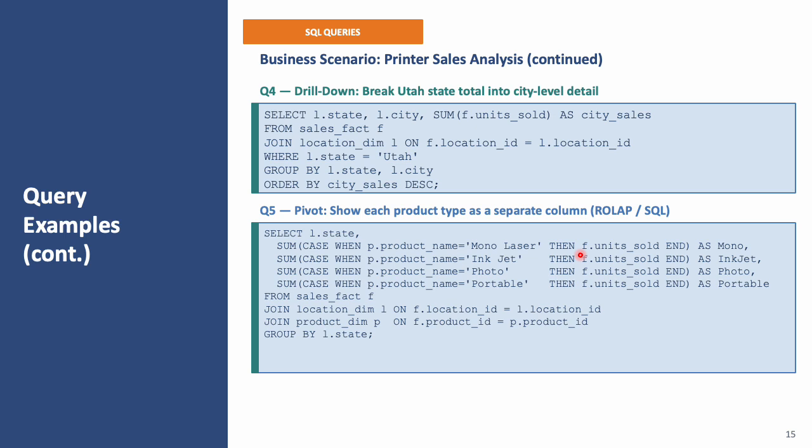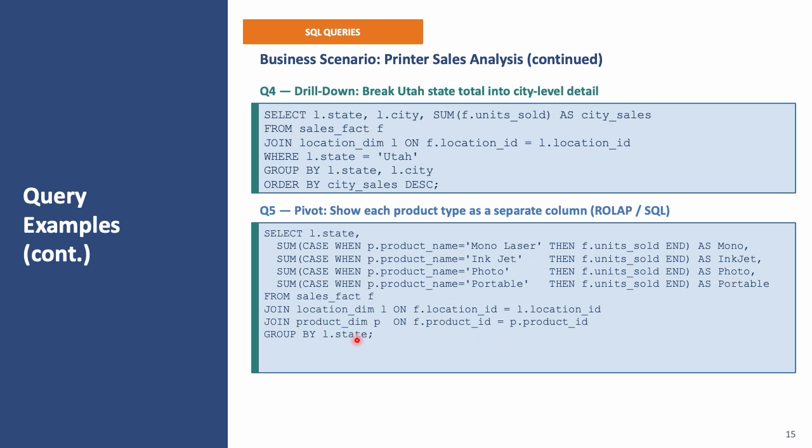If the answer is no, the case when returns a null, which sum simply ignores. The result is a column called mono that contains the total monolaser units sold and nothing else. Each of the 4 case when blocks does exactly the same thing, but for a different product type.